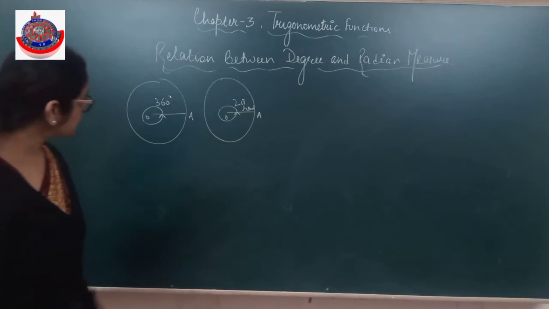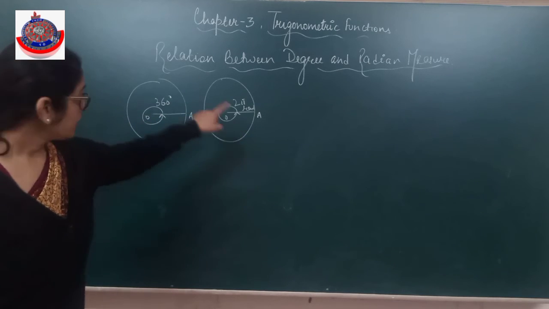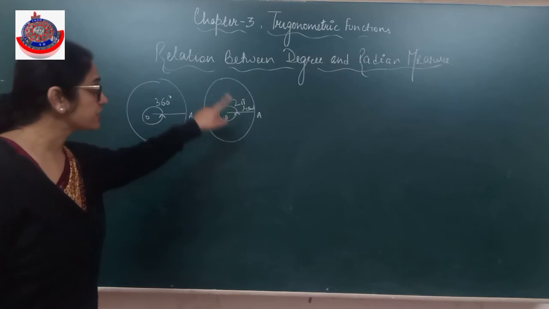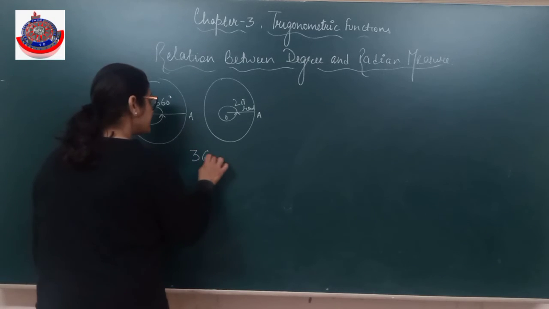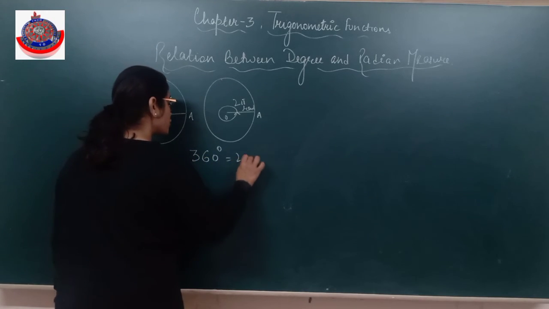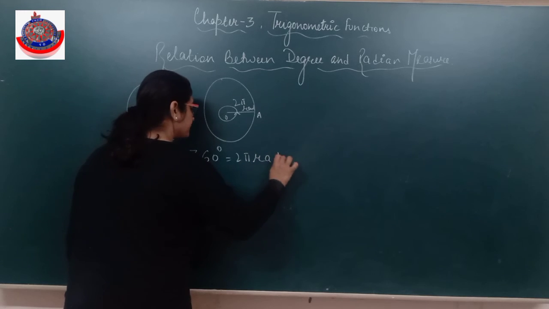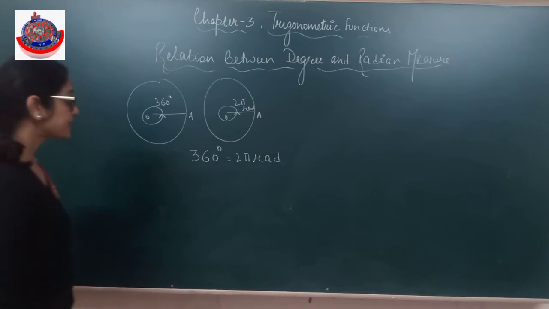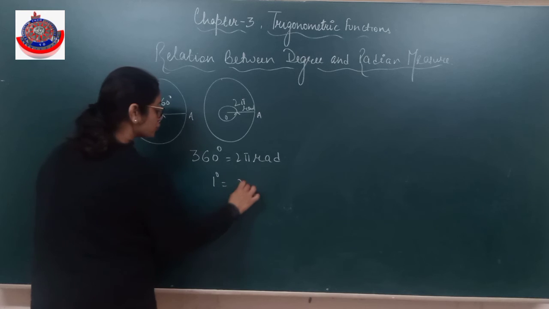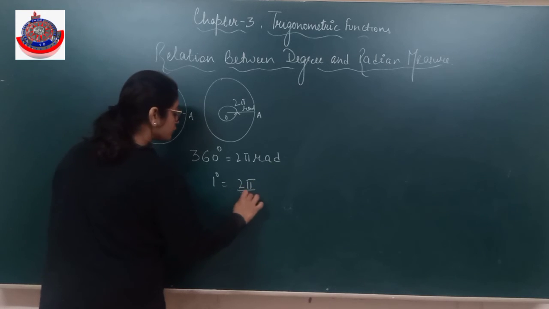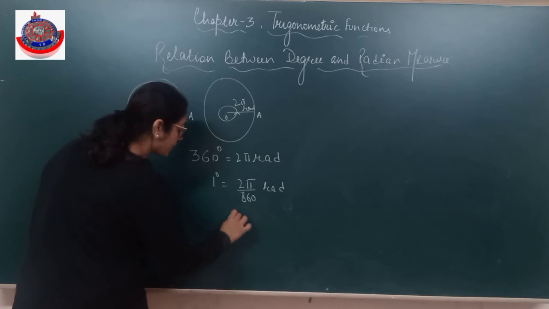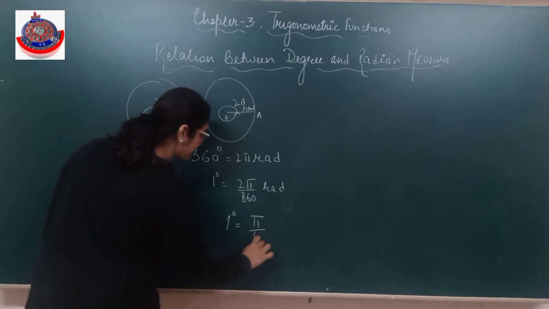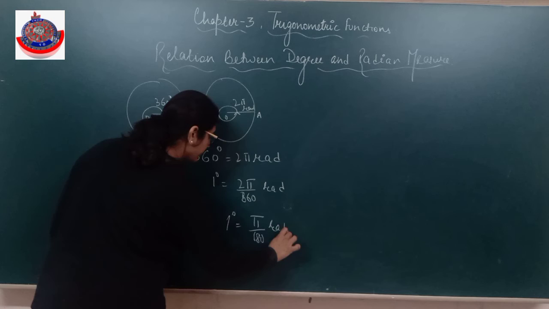So ultimately the measurement of the same angle is 360 degrees in degrees, and 2 pi radian in radians. So what does it indicate? It indicates 360 degrees is equal to 2 pi radians. Or I say 1 degree is equal to 2 pi by 360 radian. Or I say 1 degree is equal to pi by 180 radian.